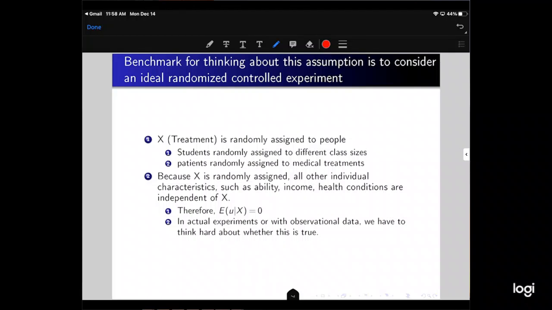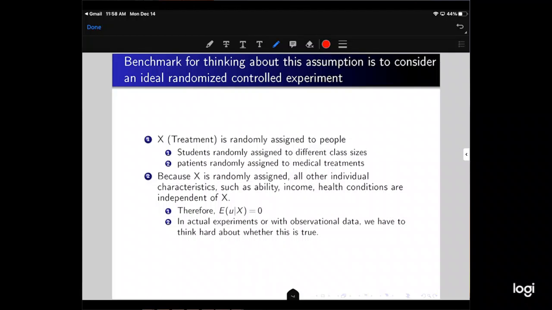Because x is randomly assigned, all other individual characteristics such as ability, income, or underlying health conditions are independent of x. Right? So we don't want people that are more healthy or less healthy on average receiving the vaccine. We want a person's health to be independent of whether or not they receive a vaccine versus a placebo.